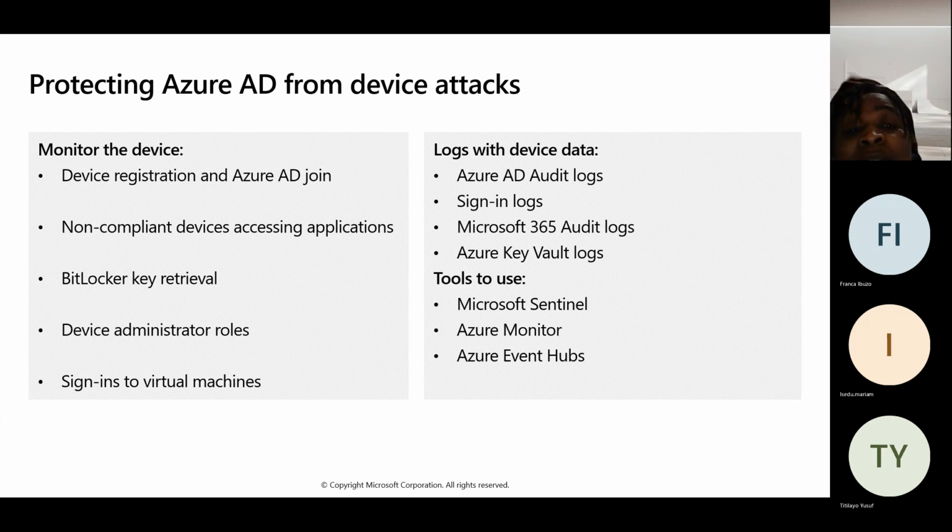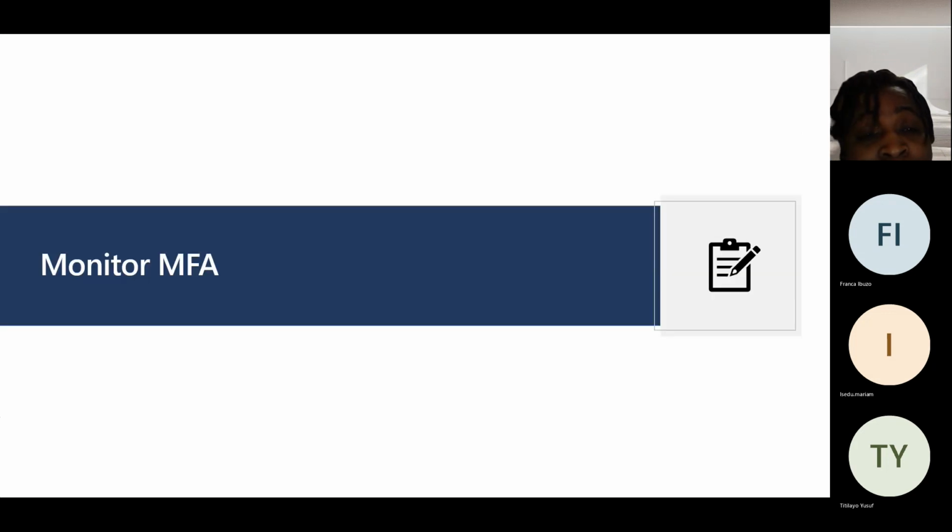What this is saying is that, because of the amount of data Azure AD is getting, we can actually protect it from device attacks once we monitor these devices. You can use tools like Azure Monitor and Microsoft Sentinel, and look at logs like the Azure AD sign-in logs and the Microsoft 365 logs. This is where you go into full SOC security mode, monitoring logs and creating enhancement policies.